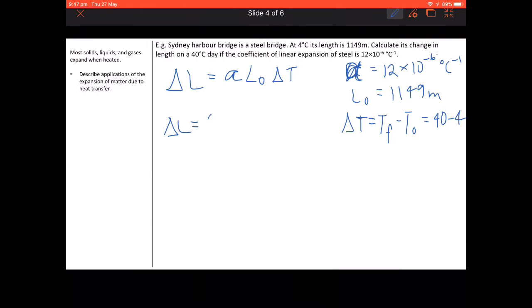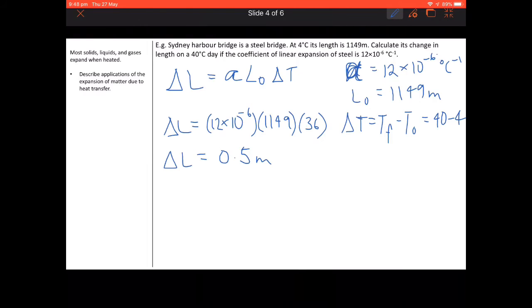We'll get 12 by 10 to the -6 multiplied by 1149 multiplied by the change in temp, which is 40 minus 4, which is 36. If you pop that into your calculator, you'll end up with an expansion of about 0.5 meters, so half a meter. So this is obviously a significant amount.